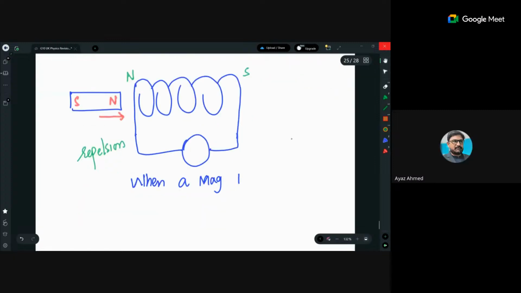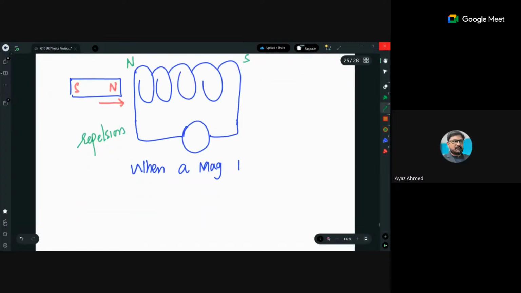Okay. When a magnet is brought closer, our magnet's north pole is brought closer to end X of the coil.